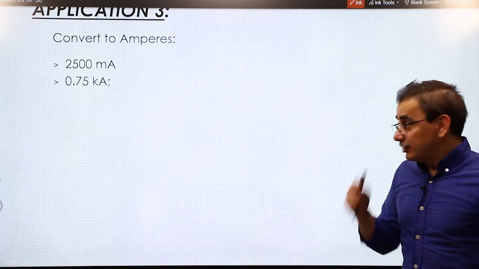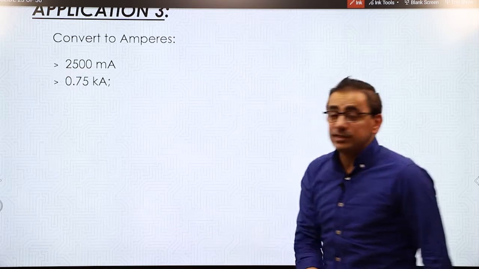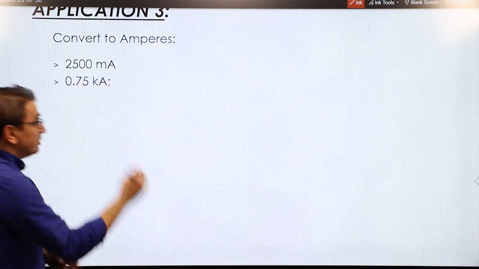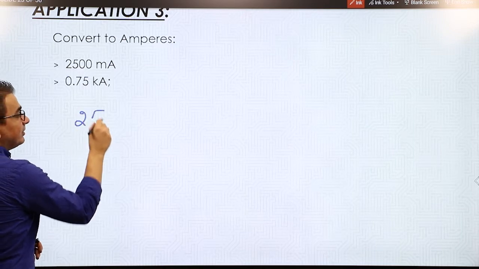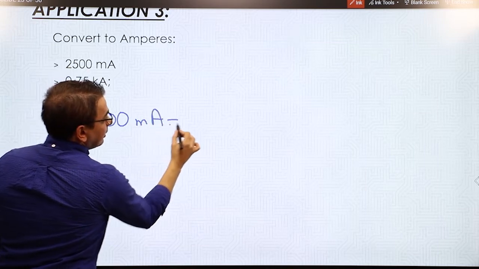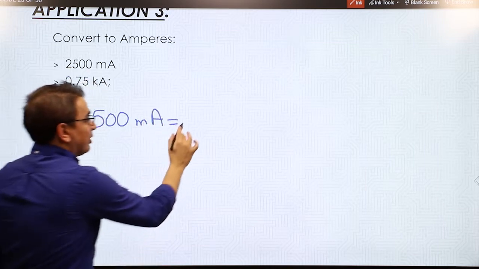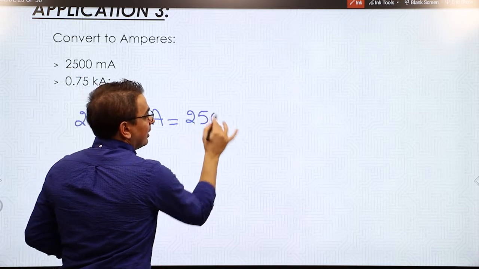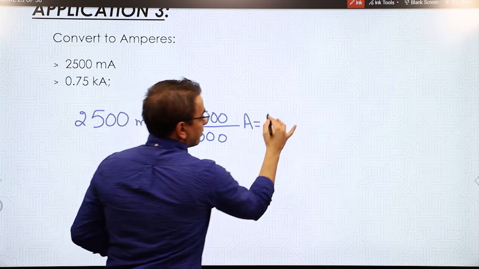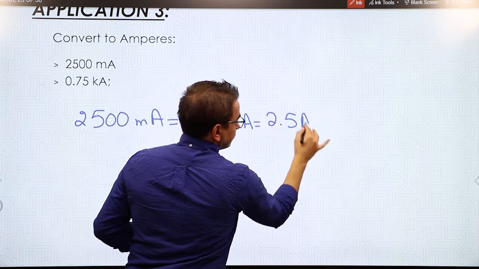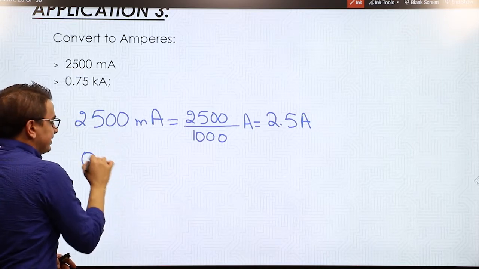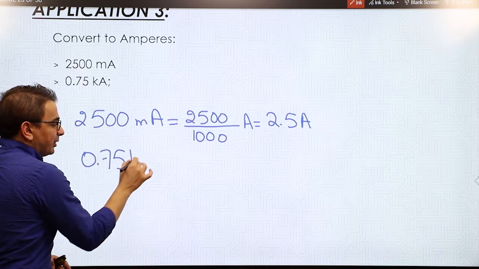Let's take this simple application in which we need to convert these units into ampere. How to convert 2500 milliampere into amperes? I know that milliampere is a divide by 1000, so I can simply do 2500 and divide by 1000, which becomes directly 2.5 amperes. Or you can simply do it mentally when it comes to easy stuff, 0.75 kiloampere.